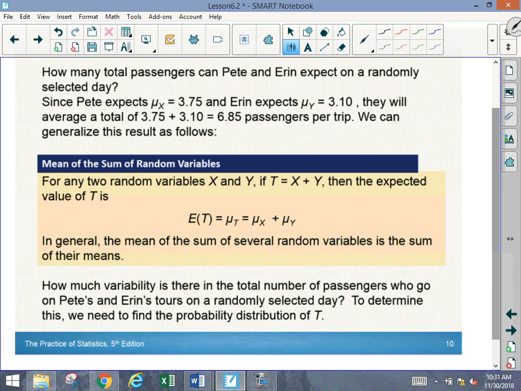It turns out it would be perfectly fine for them to add those two means, and say the expected value that we're going to make from our combined companies would just be the sum of the two means. So our two expected values, we can add them together and find the expected value of our new company that was born from love.